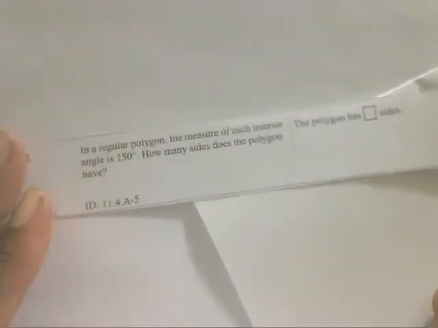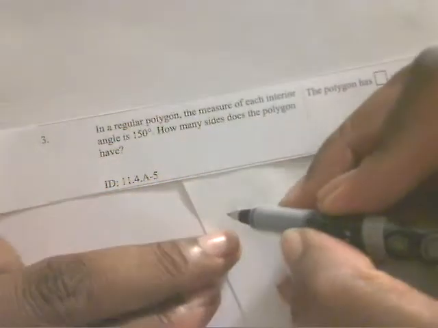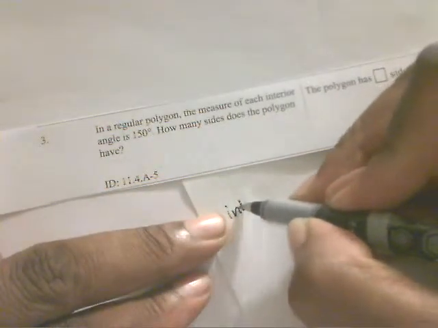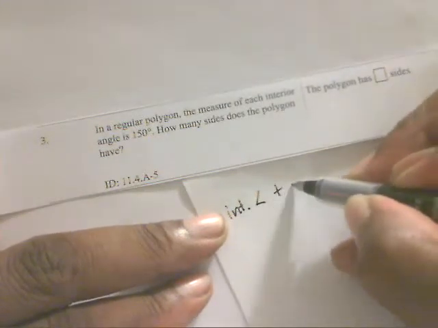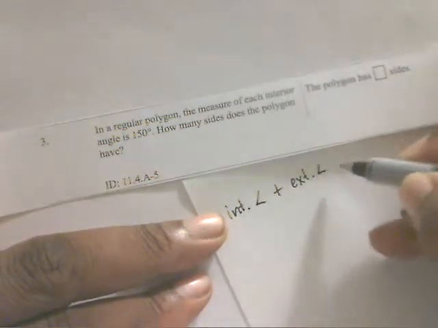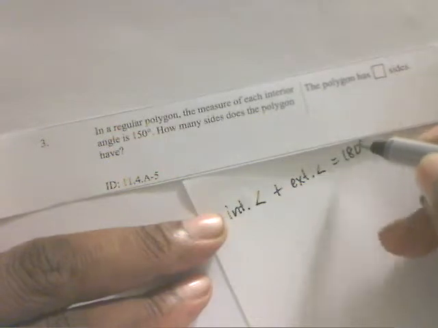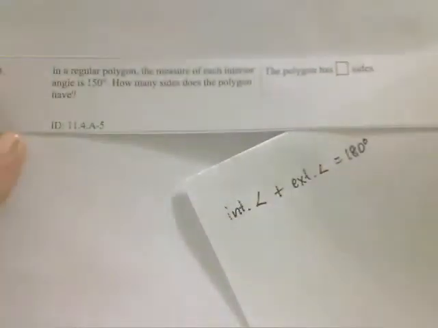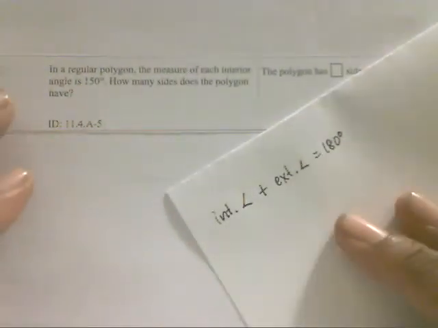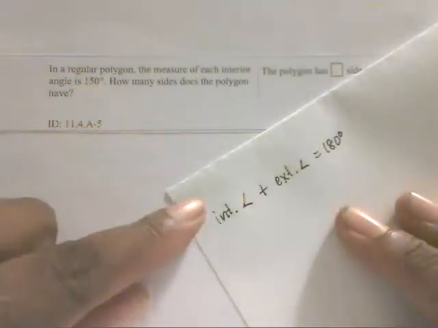Okay, now the sum of the interior angle plus the exterior angle equals 180 degrees. That's the sum of the interior and the exterior angle equals 180 degrees.